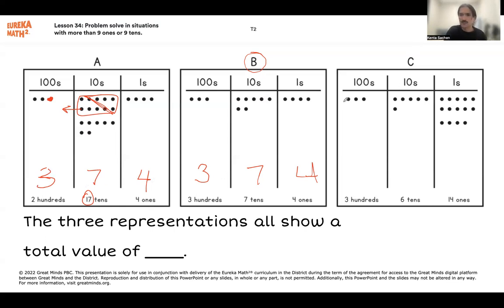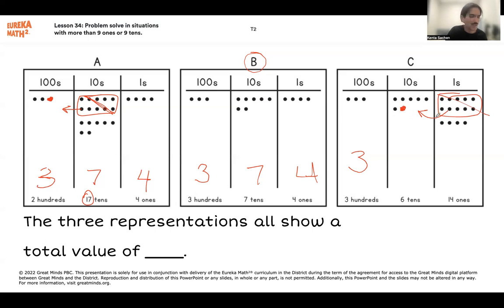Now let's look at C. I see there's 3 hundreds, only 6 tens, and 14 ones. Again, we can take 10 of these ones and make it into one more 10. Now there's 3 hundreds.